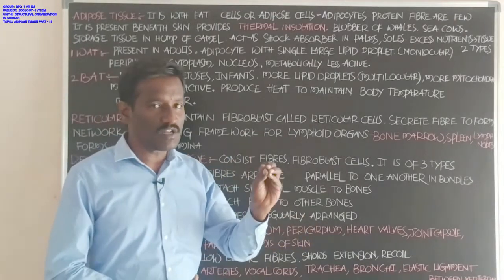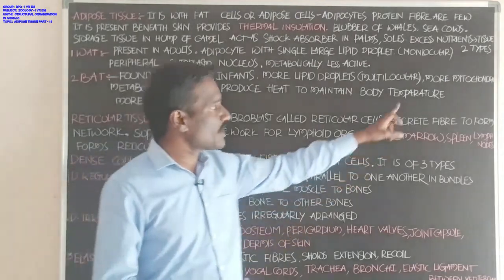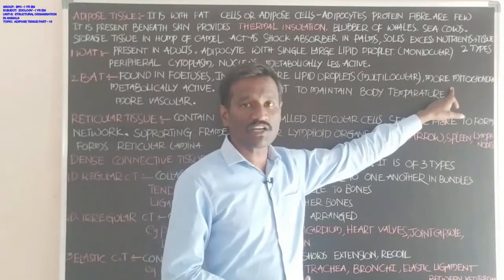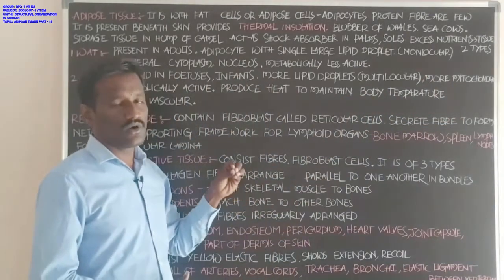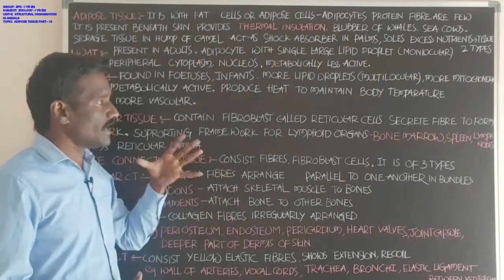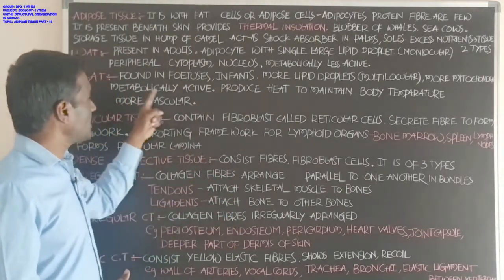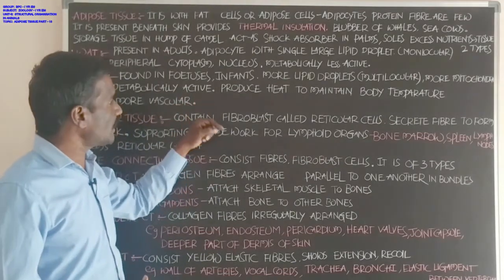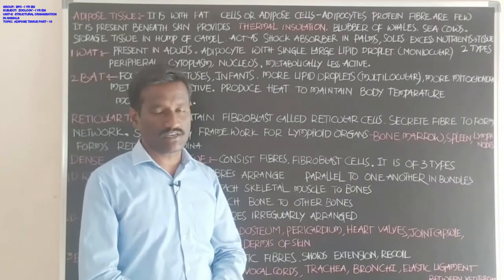A large number of lipid droplets is present in the cytoplasm, along with many mitochondria. Mitochondria are more numerous in the cytoplasm of the adipocytes in brown adipose tissue. Next, it is metabolically active and produces heat to maintain body temperature.